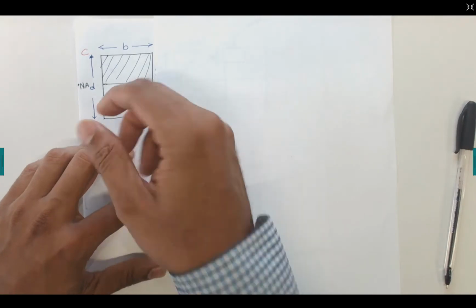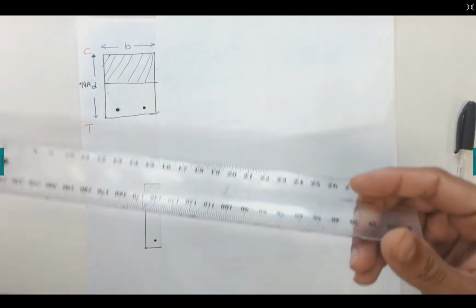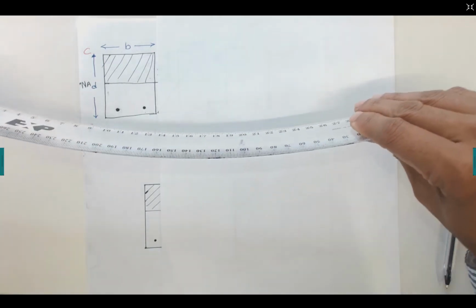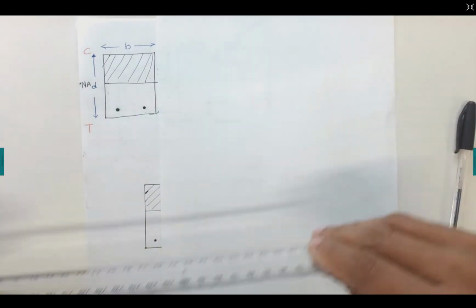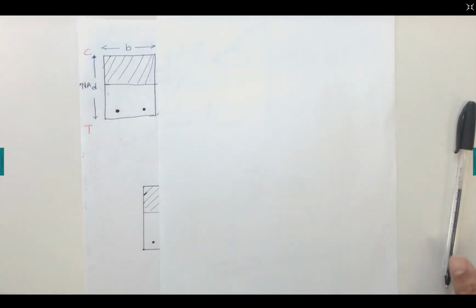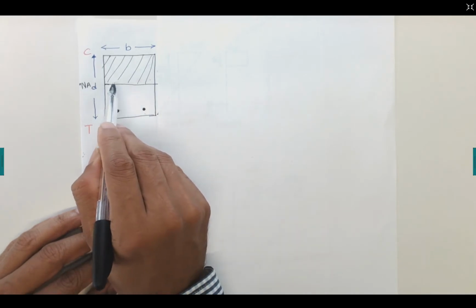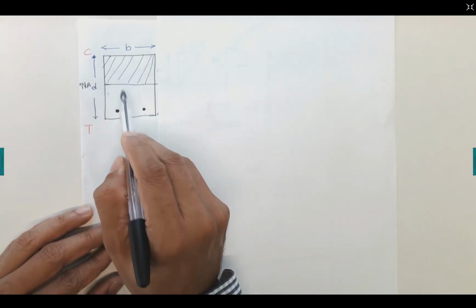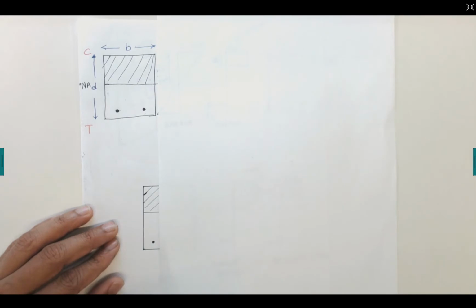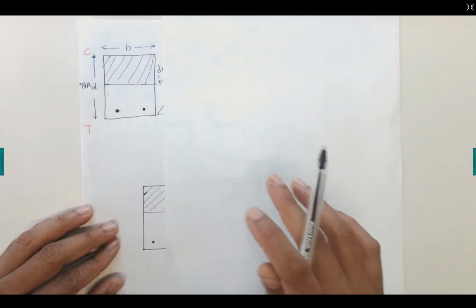I'm taking this one as a sagging bending moment. So if I take the rectangular beam, it would bend in that fashion. So we have a tension region at the bottom, and a compression region at the top, and this neutral axis divides the region of compression and tension. That is NA, the neutral axis. So the top portion is compression and the bottom is tension.